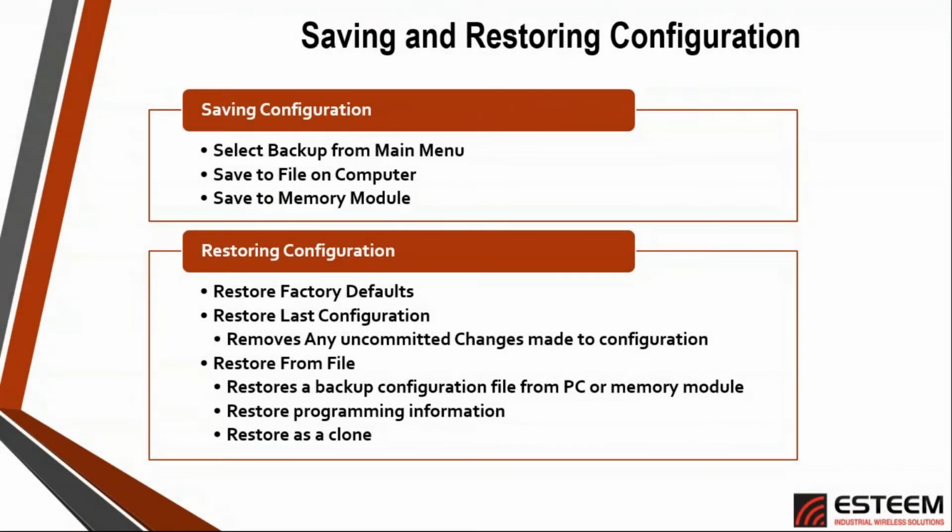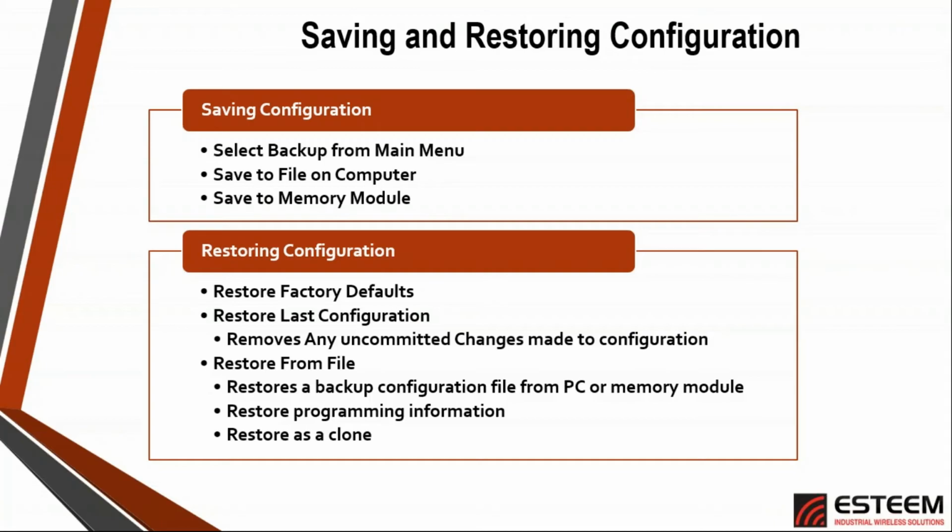Now, another thing that we want to take a look at is how we save or restore the configuration files. We mentioned it briefly in previous training sessions, but you can create a backup file for the radio. The beautiful part is that you can save it in one of two locations.